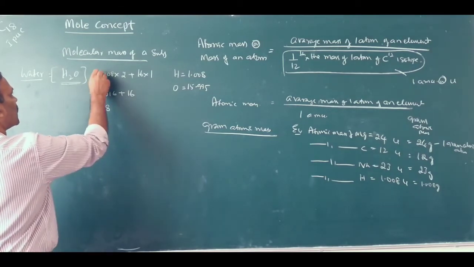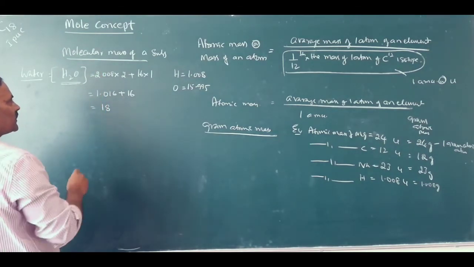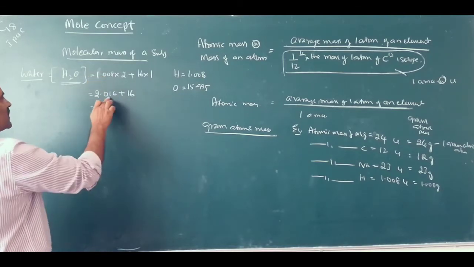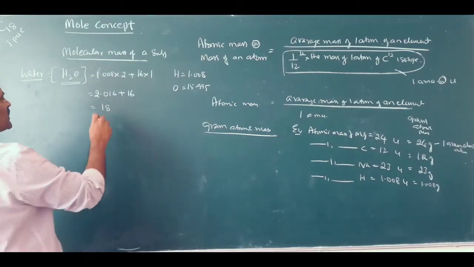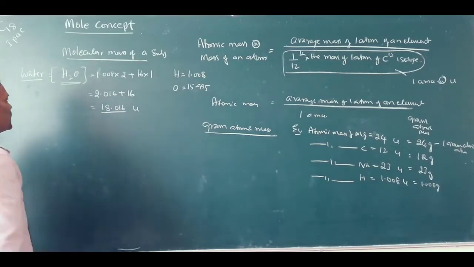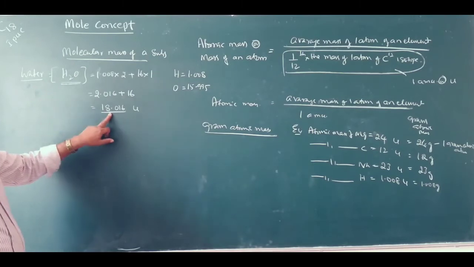Sorry, 2.008... 2.016 plus 16 equals 18.016. So, this is the molecular mass of water.